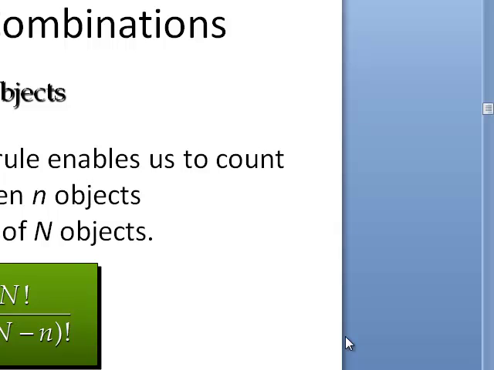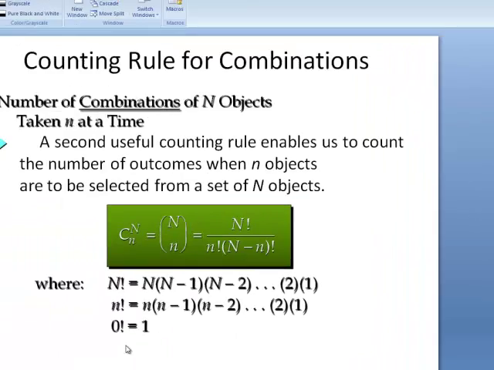Whereas in the denominator, you will see small n factorial and a parenthesis big N minus small n and then factorial. The way to think of this is, suppose big N is 5. Then big N factorial or 5 factorial will just be 5 times 4 times 3 times 2 times 1. What is 3 factorial? 3 times 2 times 1. What is 1 factorial? 1. What is 0 factorial? 1.